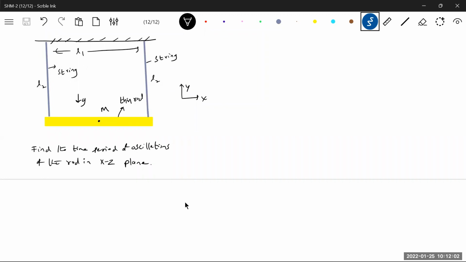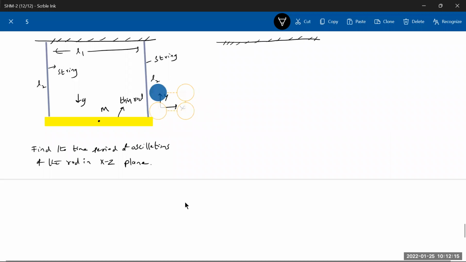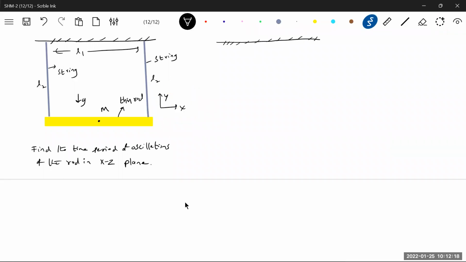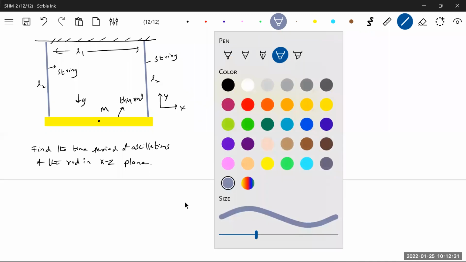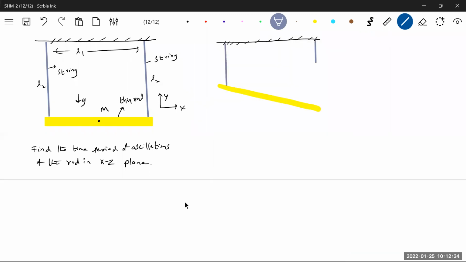We'll take some reference diagram. I'll try to explain through some.